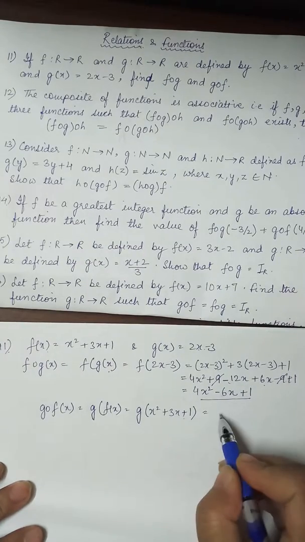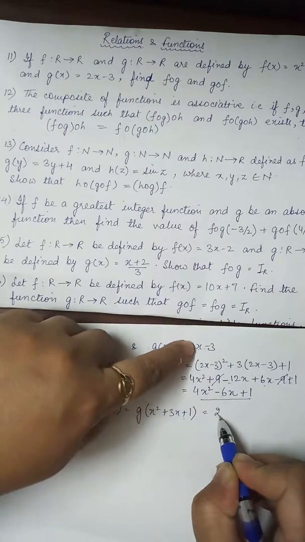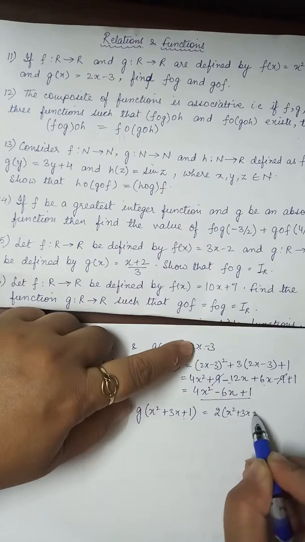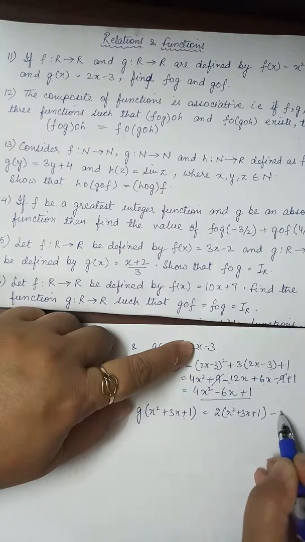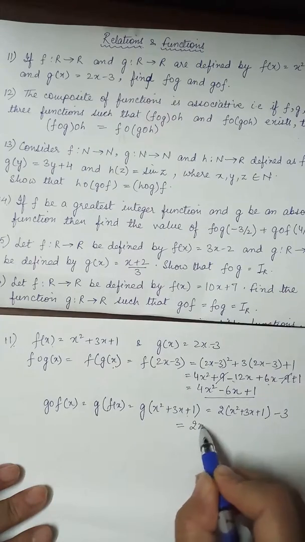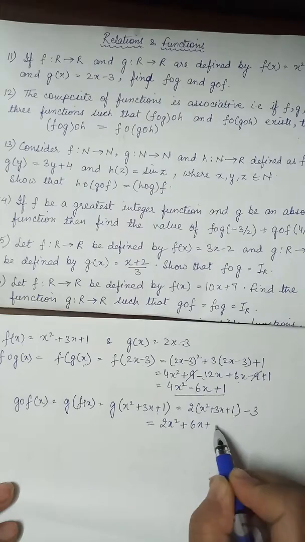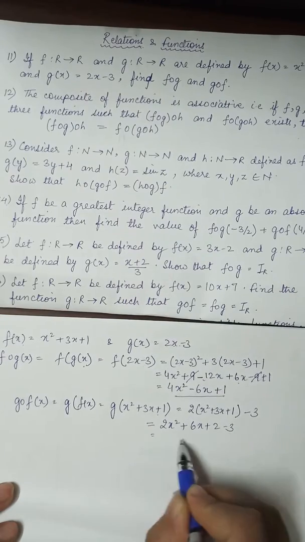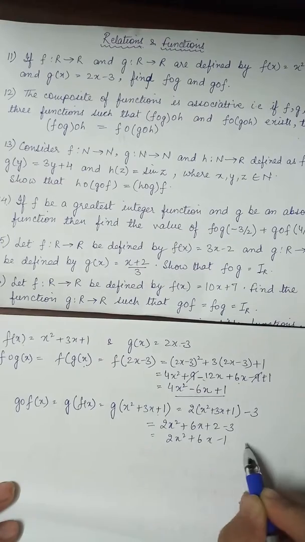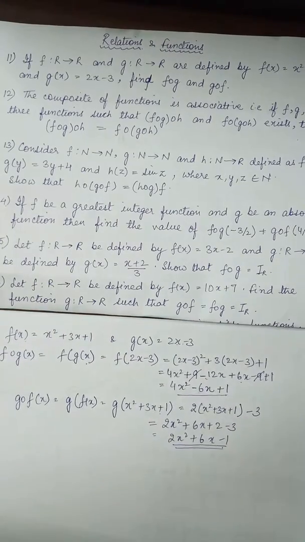So this can be written as 2(x² + 3x + 1) − 3. Solving it out, 2x² + 6x + 2 − 3. The answer will be 2x² + 6x − 1. So this is your gof.